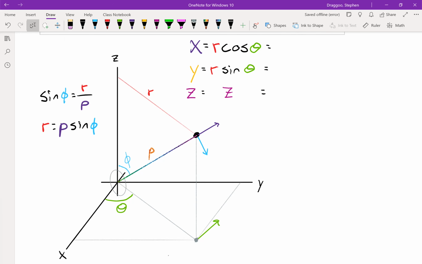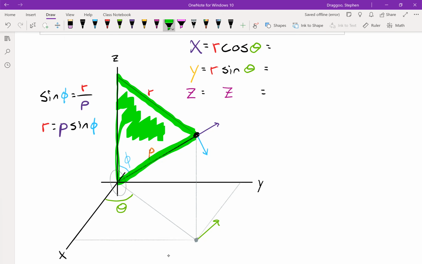But this time it will be simpler to look at it as the distance from the z-axis to our point, so that we can take a look at this right triangle that exists right next to the z-axis.